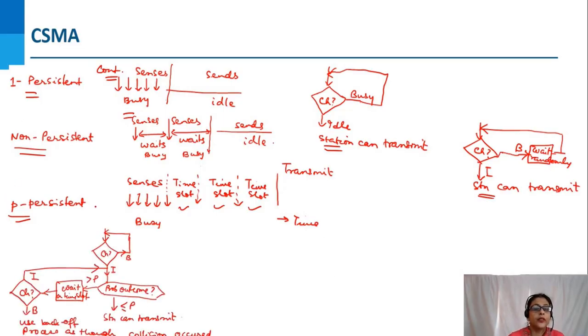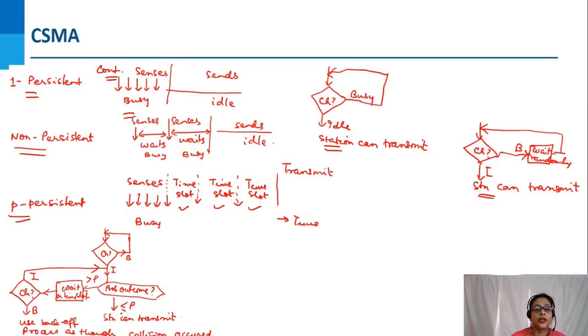So here, at first, if the line is idle, the station sends with a particular probability outcome, and it looks into the channel whether it is busy or idle.